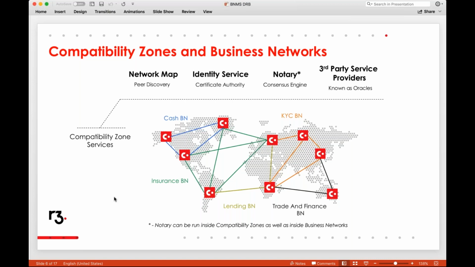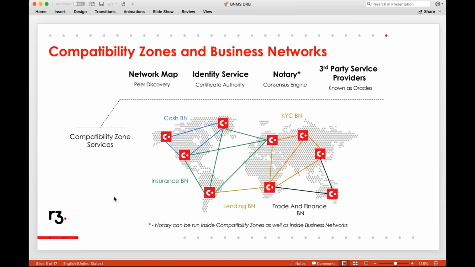The one question I have on this slide, which I didn't understand, was that notaries can be run inside compatibility zones as well as inside business networks. I don't understand what that really means. Yeah, this basically touches the trust issue. As you know, one of the parameters in the compatibility zone is the list of the trusted notaries on the network.